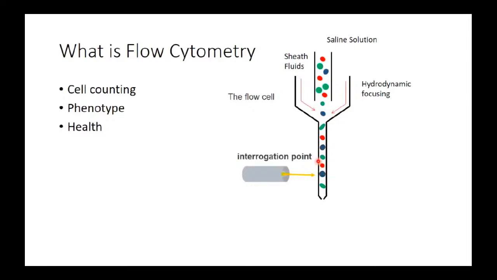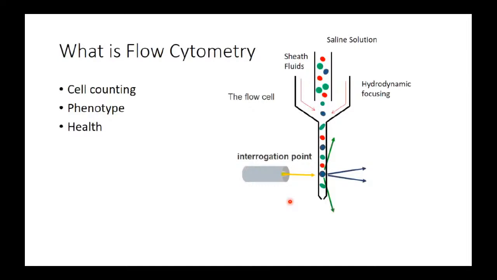Now, when the cell passes through the laser beam, there are two events happening. First is the forward scattering, which is the light scattered in an acute angle to the forward direction, and the side scattering, which is the light scattered in every other direction, in side directions.